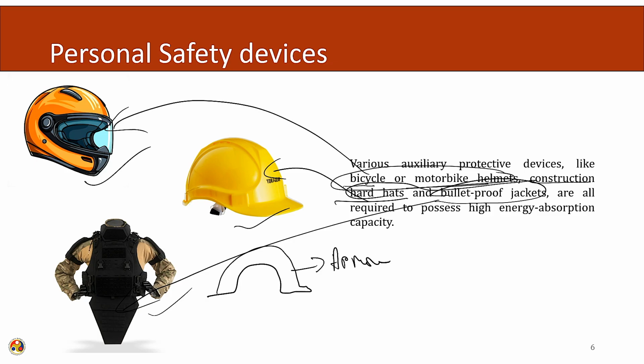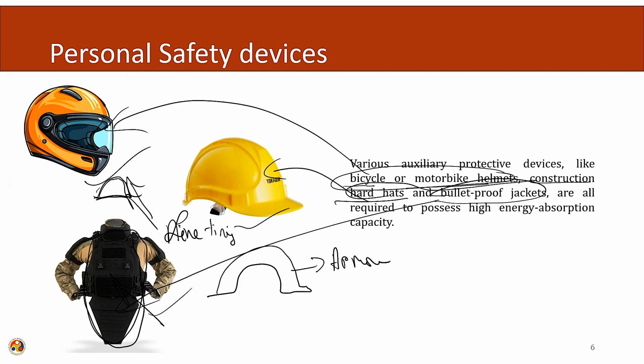So, if this is the jacket, then there should be a helmet here also, which should protect against live firing. As the jacket protects the body from the bullets, the helmet also protects the head from the impact of the bullet.